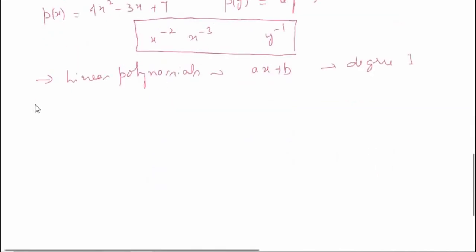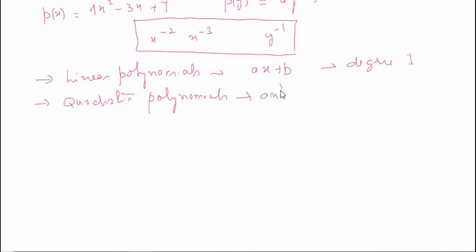And then we'll be talking about quadratic polynomials. Standard representation is ax square plus bx plus c. So this is known as the degree 2.